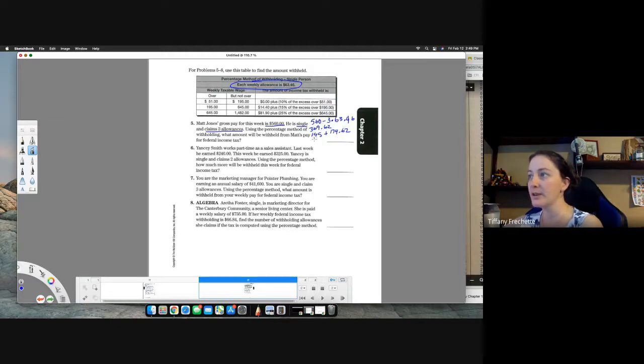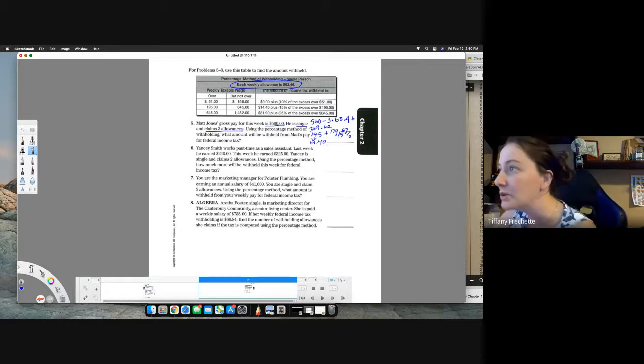So remember, this one automatically gets the $14.40. That's how much I'm going to pay. This one, I have to multiply by 15% to know how much I'm paying on this piece. So $174.62 times 15%, and we get $26.193.